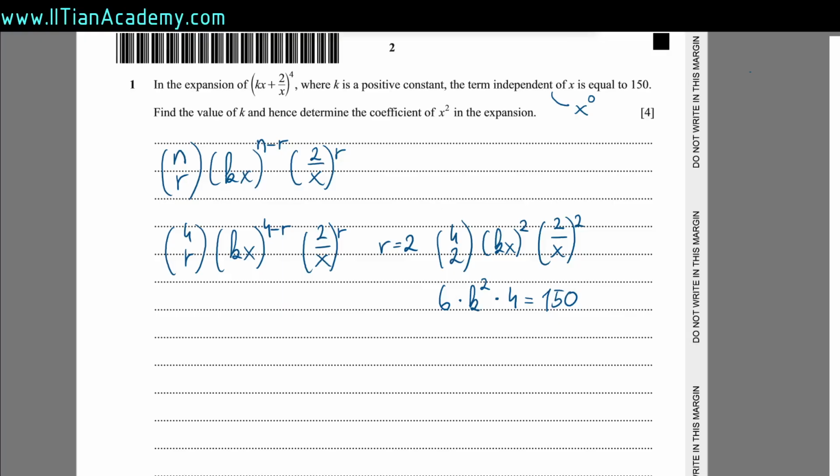So k squared is going to be 150 over 24. If we divide that by 2, that's 75 over 12.